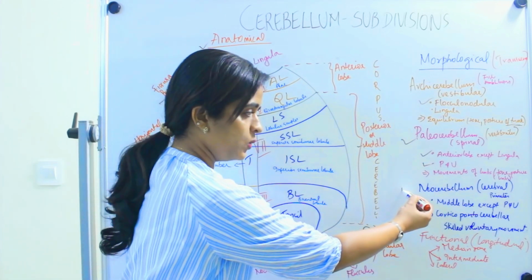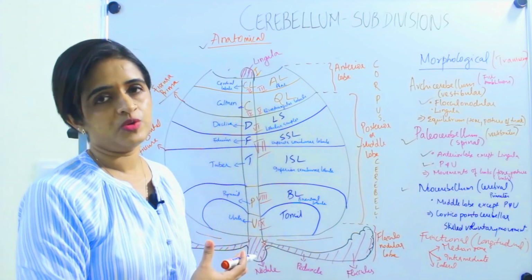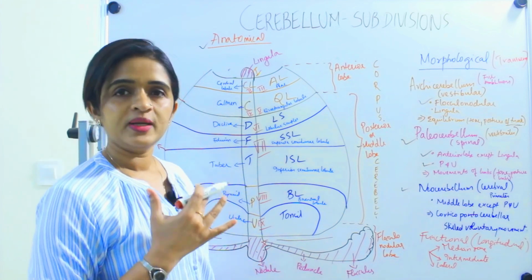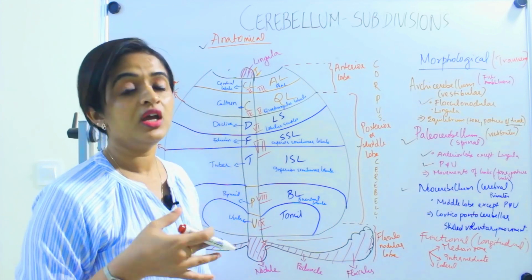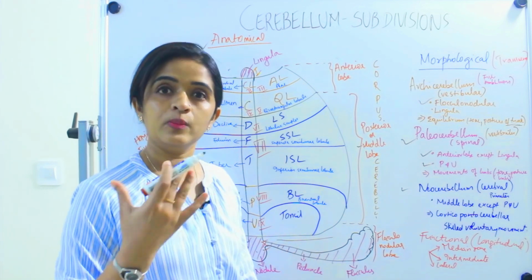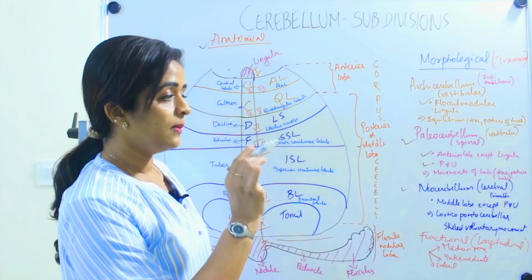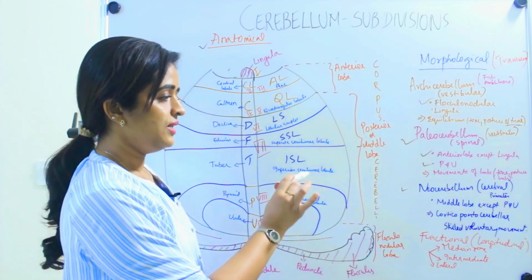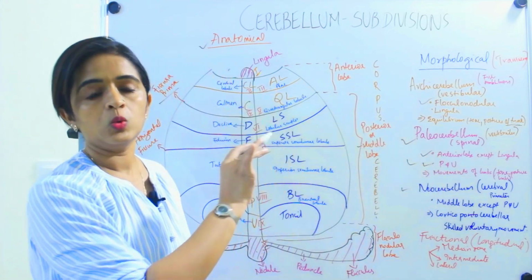Now the most advanced or recent one, the neocerebellum, is actually the largest portion of the cerebellum. It is also known as the cerebrocerebellum. Why? Because it has connections with the cerebral cortex, through the cortico-pontocerebellar fibers, the recently evolved fibers coming from the cortex through the pons to the cerebellum. What are the components of this neocerebellum? It is the main middle lobe, except the pyramid and uvula, because the pyramid and uvula we have already mentioned along with the paleocerebellum.